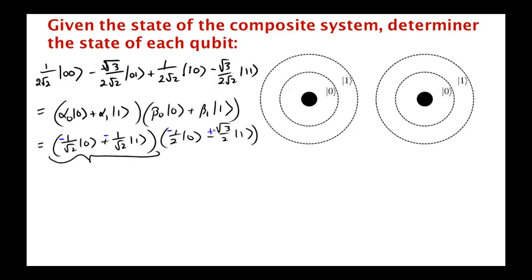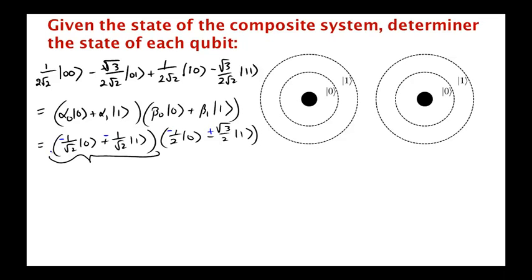And the product of these two would still be the same. In fact, we could apply any phase here and the opposite phase here, and the product would still be the same, as long as the phases cancel. But of course, the overall phase of a qubit doesn't matter, so we don't really care about that phase information. What we care about is understanding what's the state of each qubit up to a phase.